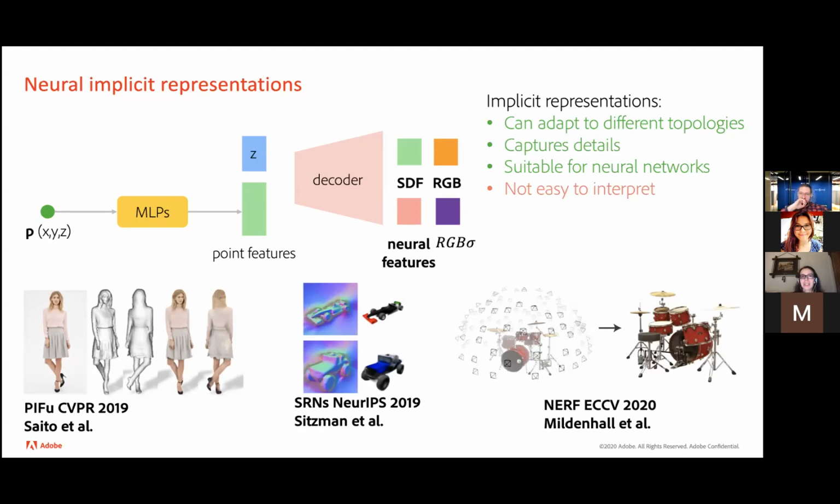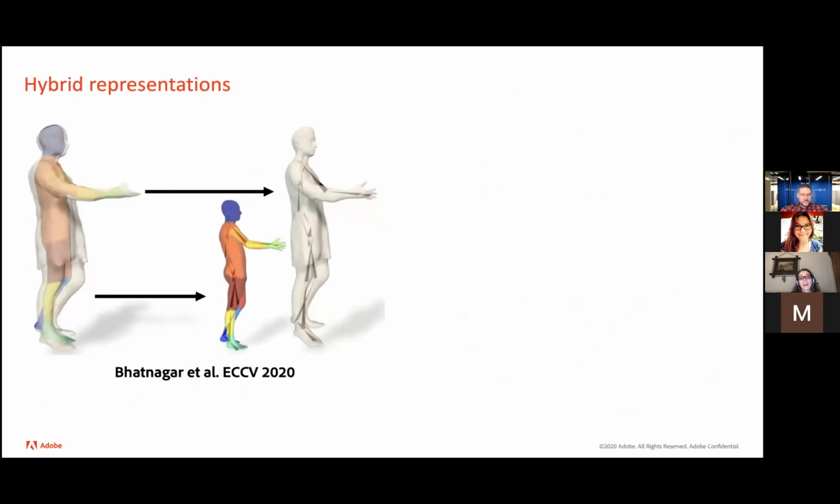So moving forward, I see that perhaps a hybrid representation between model-based approaches and implicit representations might be very useful for certain applications. We have actually started seeing some examples of this. This is some recent work on capturing human body shapes together with the garments. As I said in the beginning, for faces and human bodies, we usually have good 3D deformable templates. So it's a very nice representation for the underlying body shape. And then on top of it, one can use implicit functions to represent some garment details.